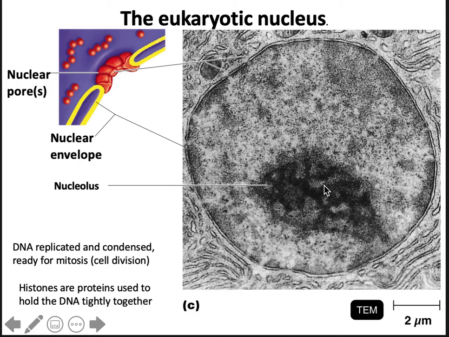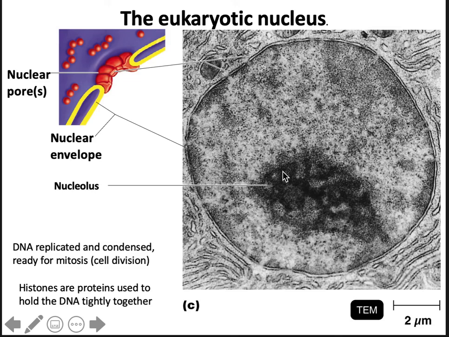The DNA in this image has been replicated and condensed, and it's now ready for cell division. Otherwise, you wouldn't be able to see it dense like this. It'd be spread out and being used to make copies of genes to make proteins. When it's condensed like this, it cannot be accessed. So that's how we know that this is about to go through cell division.